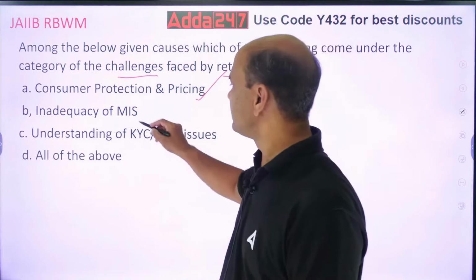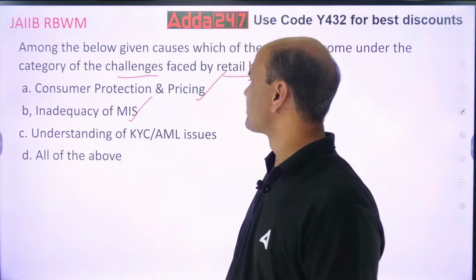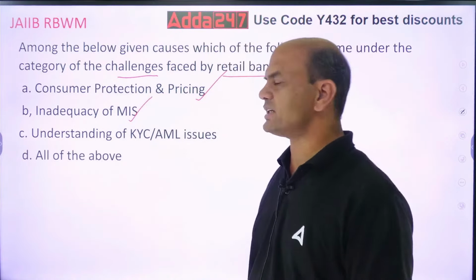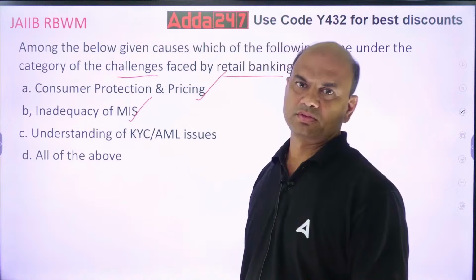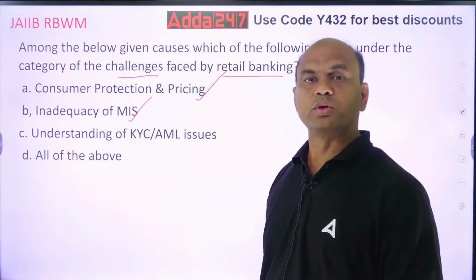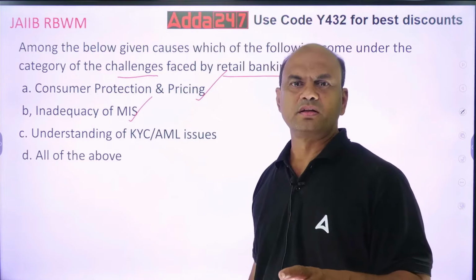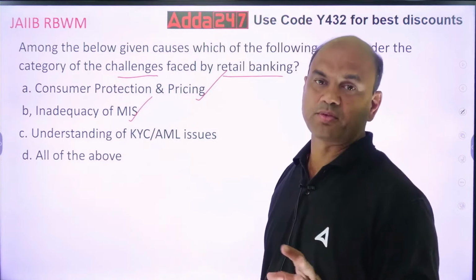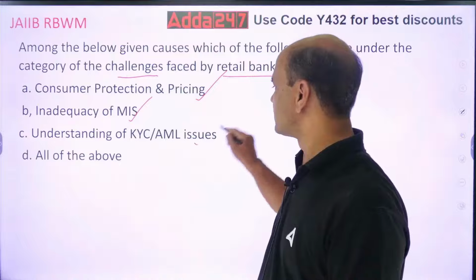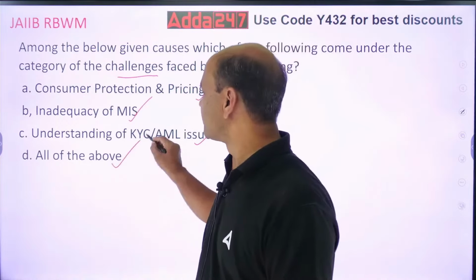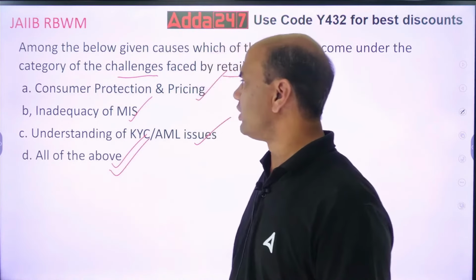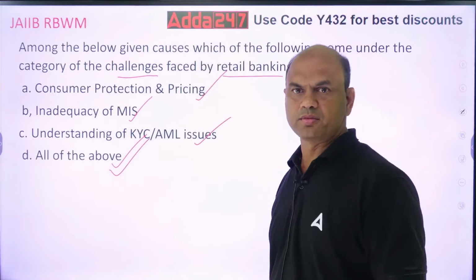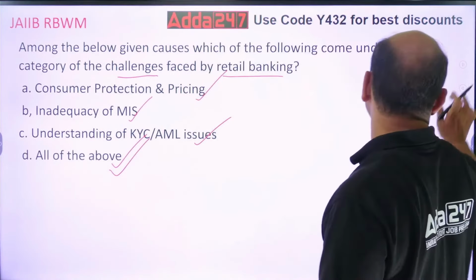So that's why. Understanding the KYC AML issues means if you do any technology, the one who wants to rob you will be one step ahead. He'll find the loopholes. So this is also a problem. So all of the above is the answer. Okay, got it?